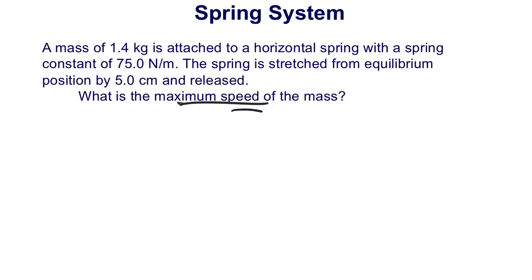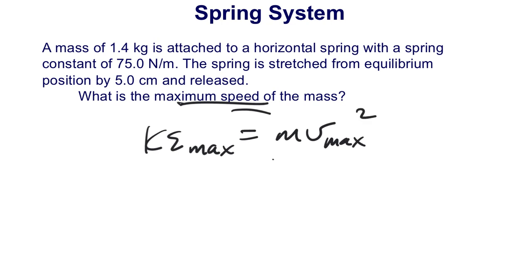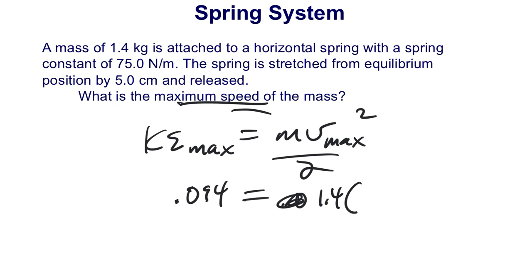0.094. Now they're asking for the maximum speed. Okay, I already have KE max from the previous problem. So let's solve it. 0.094 joules is equal to mass 1.4 times the speed, that's what I'm looking for, squared over 2.